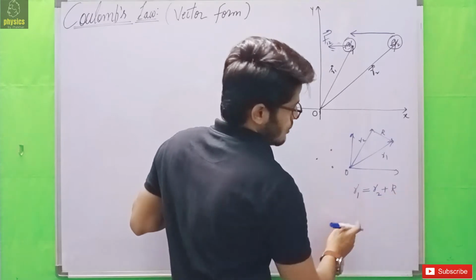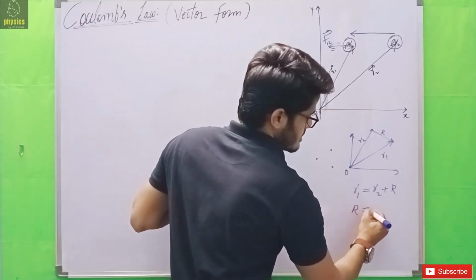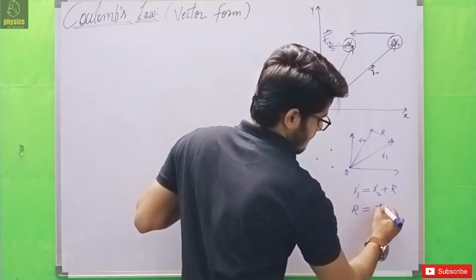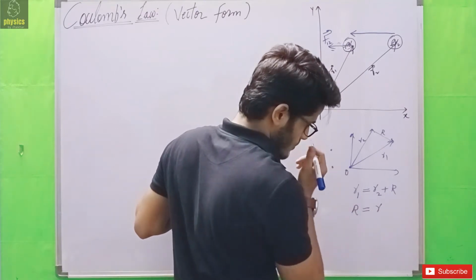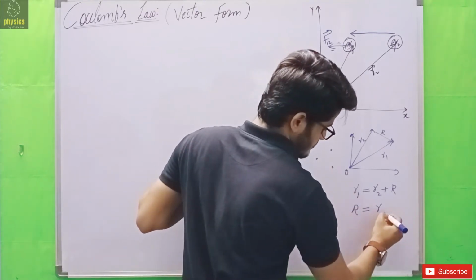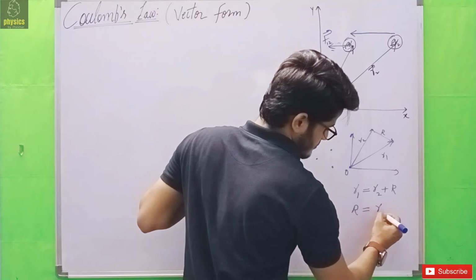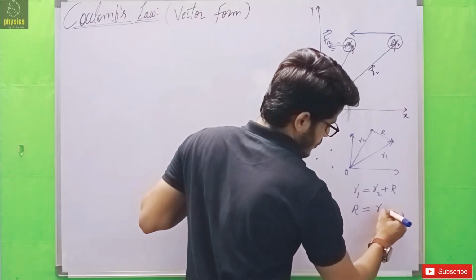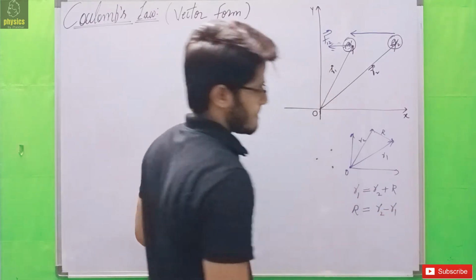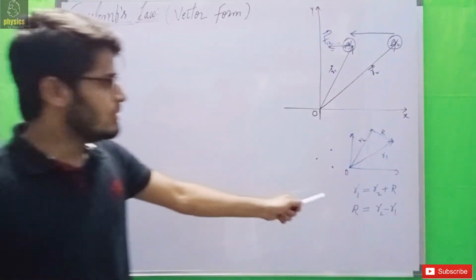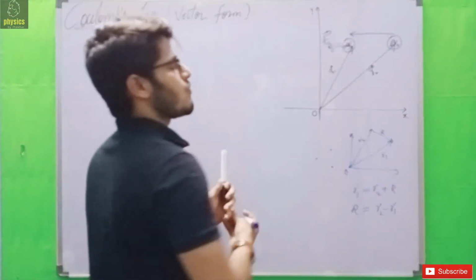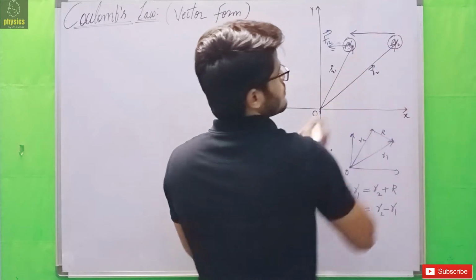It means R1 is equal to R2 plus R. So what is the value of R from here? R is equal to R2 minus R1. So a similar method I'll be using here to find the value for this vector.